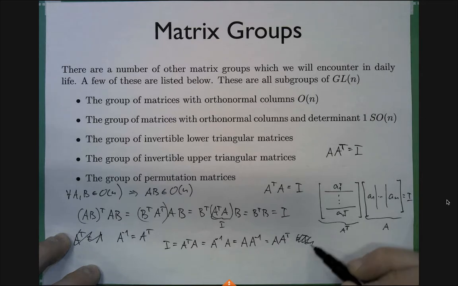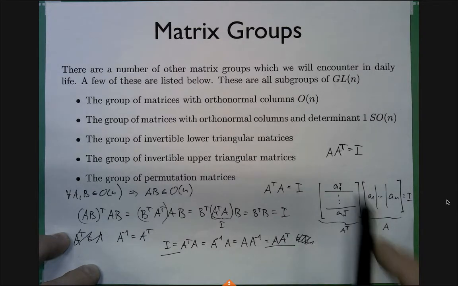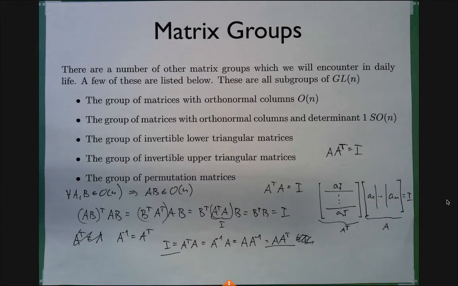I wanted to show that A A transpose is identity. So indeed, orthonormal columns imply orthonormal rows. And that's why you can be sloppy about it, because one implies the other. You could also flip the logic and show that orthonormal rows imply orthonormal columns, of course.